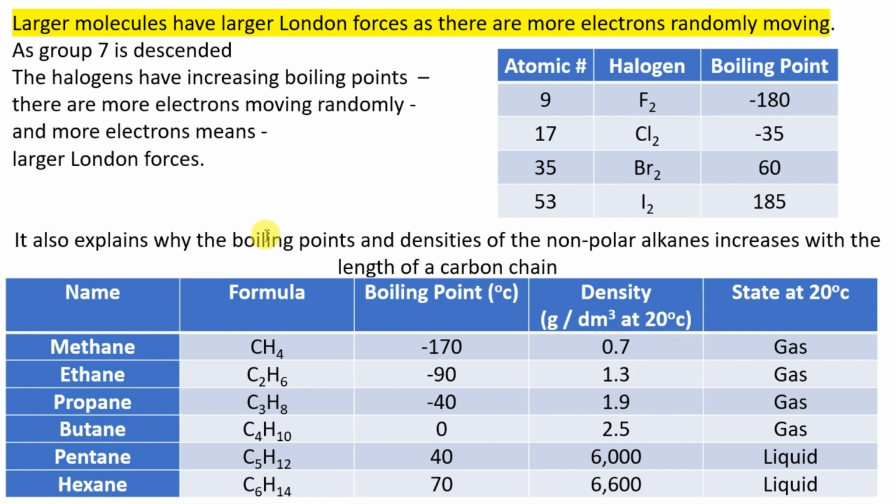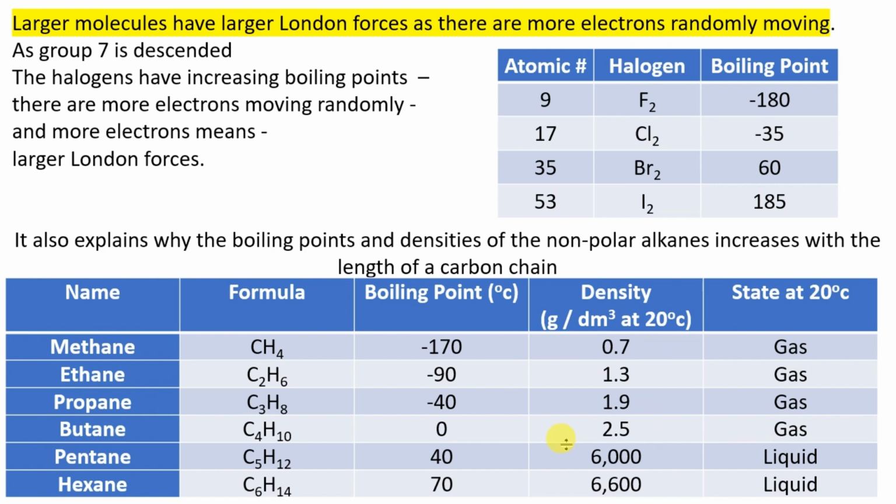It also explains why the boiling points and densities of the non-polar alkanes increases with the length of a carbon chain. The formula gives us the number of carbon atoms in that chain. I see the boiling point gradually increases as the chain gets longer, and state at 20 degrees C comes from there.